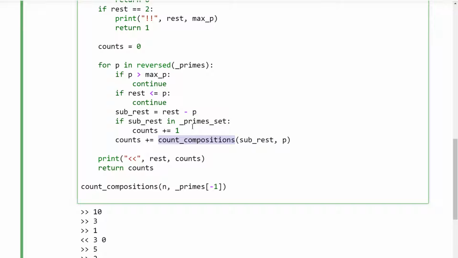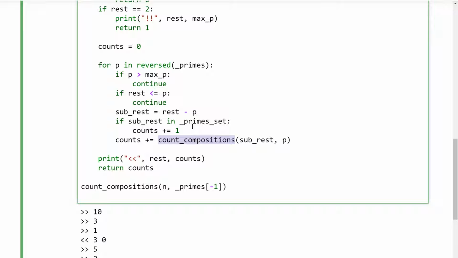If you look again at 5: if the rest is prime, we counted the 5.